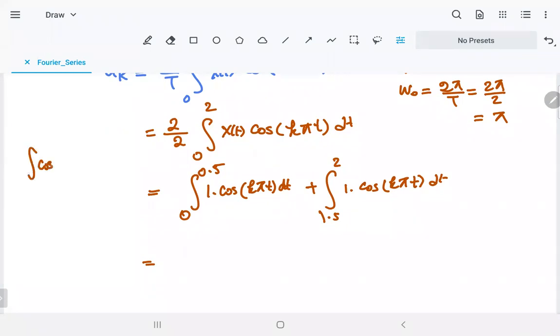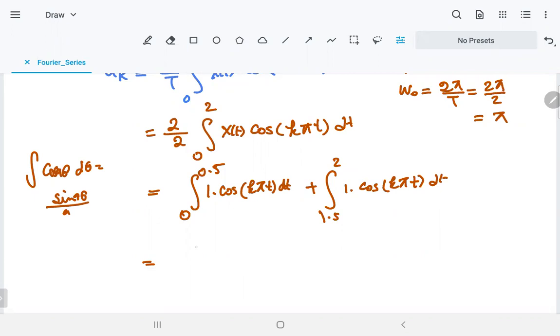The integration of cosine theta d theta is equal to what? Sine theta, right? But if you have any constant here like a, you have to divide by a. That will be the integration.